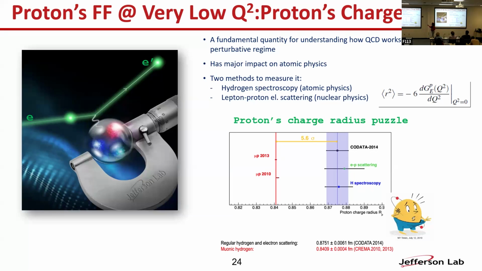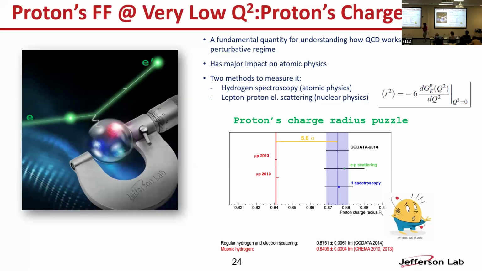So you measure G at very low Q square, and you extrapolate to Q square equals 0. This gives you information about the proton charge radius. Until 2010, the data obtained with these two methods practically agreed within the error.